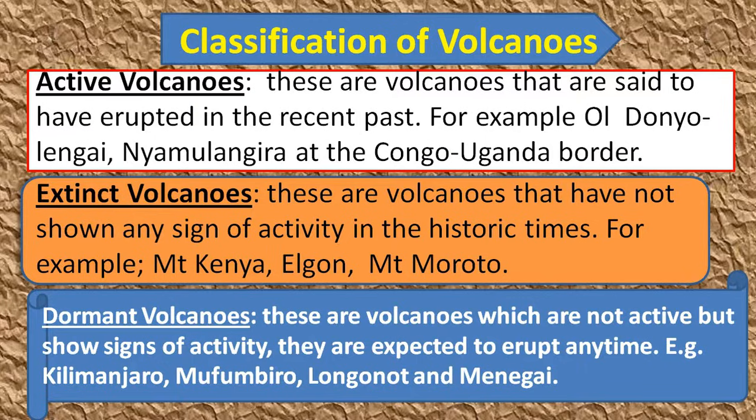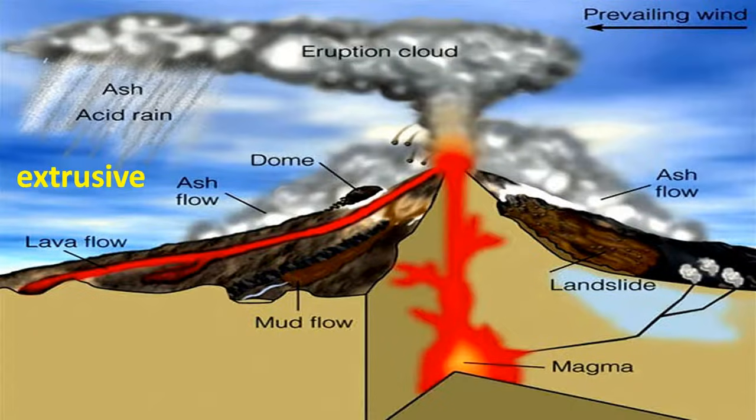Then the dormant, these are volcanoes which are not active, but show signs of activity. We move on. So in this illustration, we are trying to bring out what we have just seen in the video previously. So what we see here is the process of eruption.